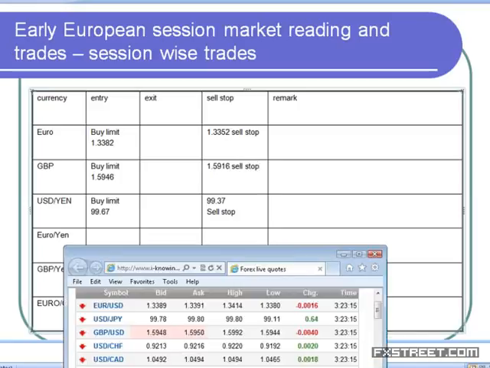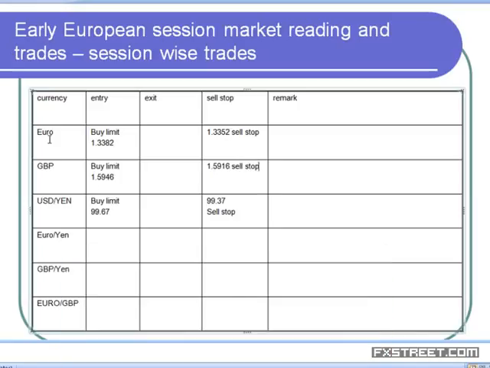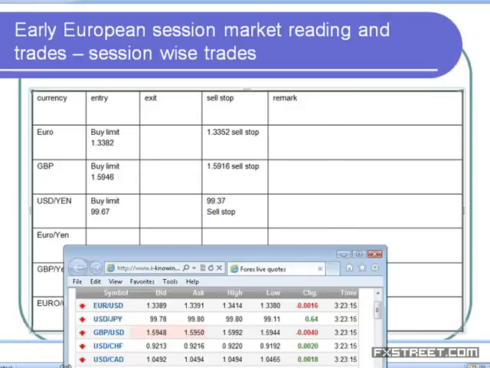In the case of GBP, 1.5946, we have kept the buy limit order, just 2 pips below, and 1.5916 is the sell stop. So in the three currencies, I just kept the orders and watch for another 10 minutes, and let us see whether they are filling it up.